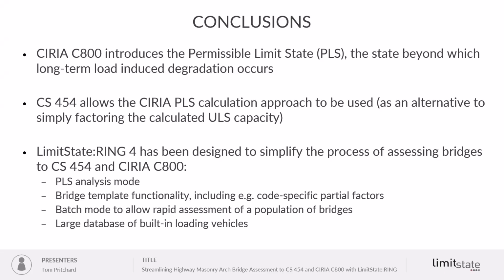Limit State Ring 4 has been specifically designed to simplify that process of assessing bridges to both these codes by including a PLS analysis mode, allowing bridge templates with code-specific partial factors, and having material properties set to change within the software.